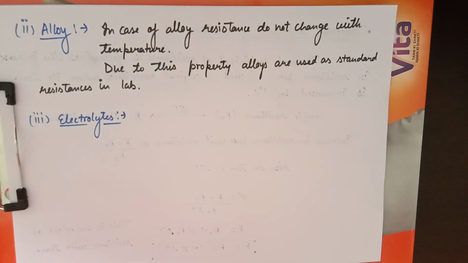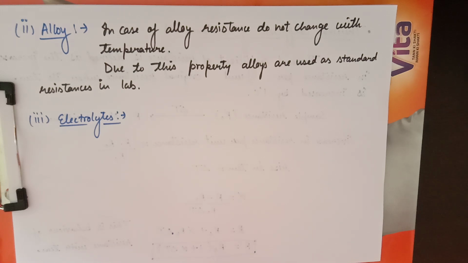In the case of electrolytes, cations and anions are the charge carriers. So when we increase the temperature in the case of electrolytes, the resistance decreases. The reason is as the temperature increases, the density decreases. It means the liquid or the electrolyte becomes thin, so it is easy for the ions to move.